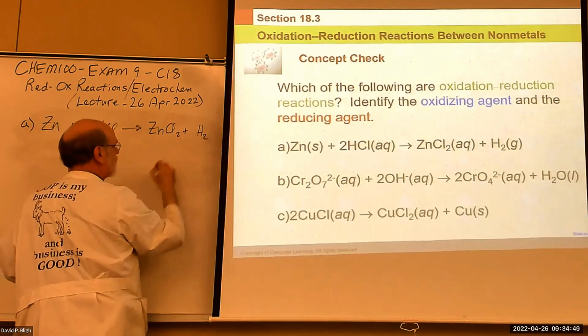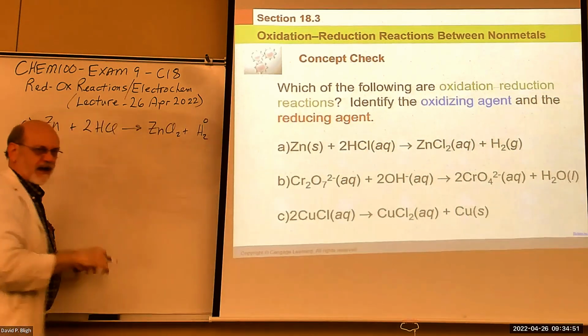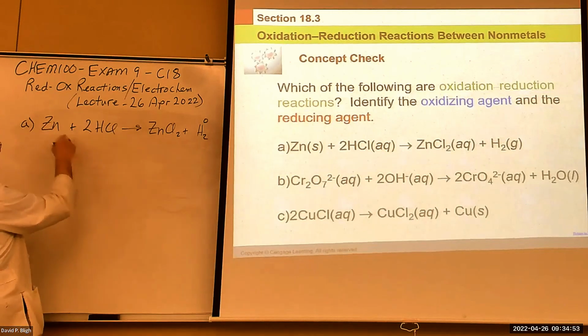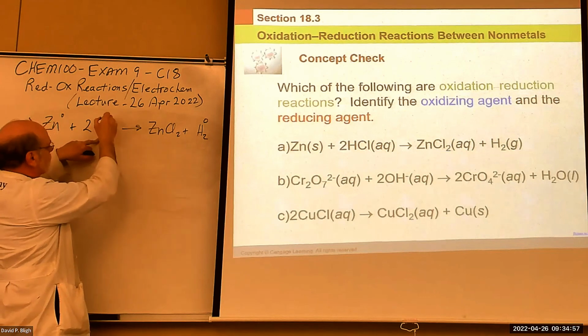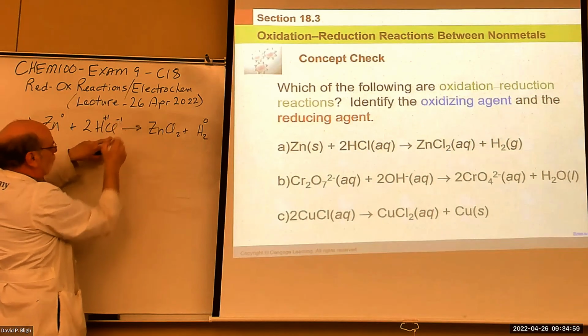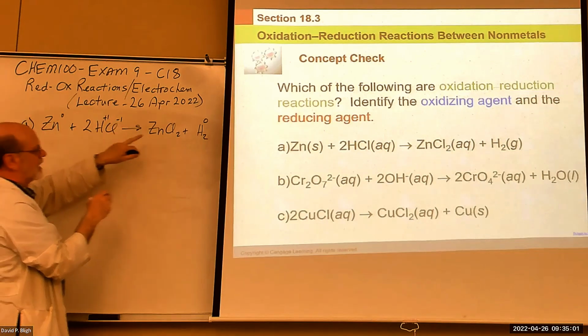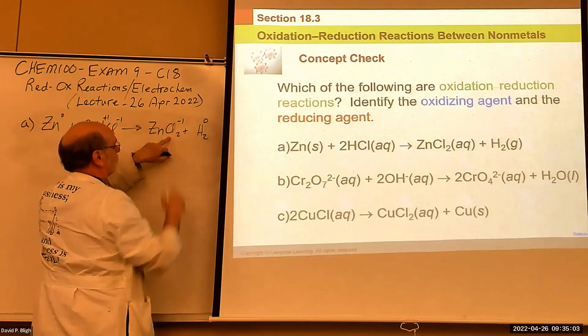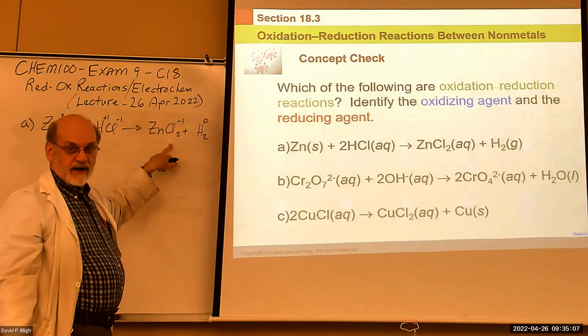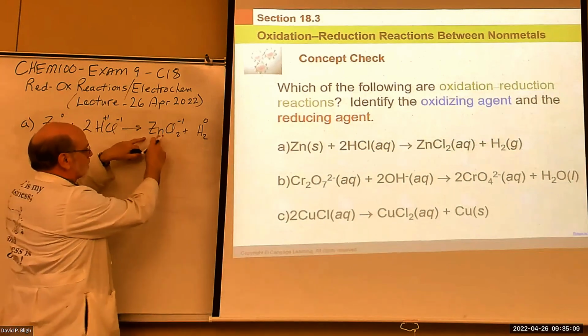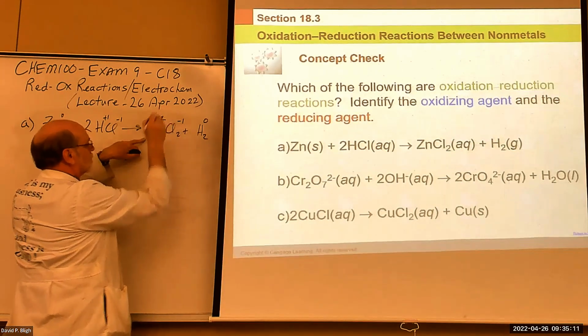Okay, so this one's 0. I'll do the elements first, they're the easiest ones. That one's 0. This one's a +1. This one's a -1. This one's a -1. Right? We have to use that assumption again. Chlorine will be -1 here. That means zinc has to be +2.